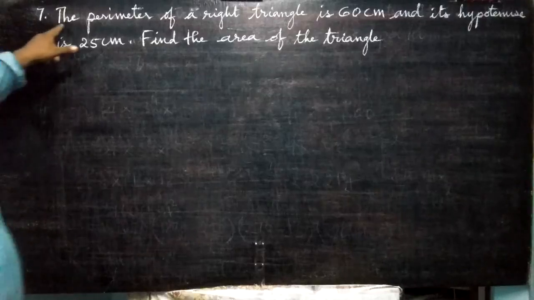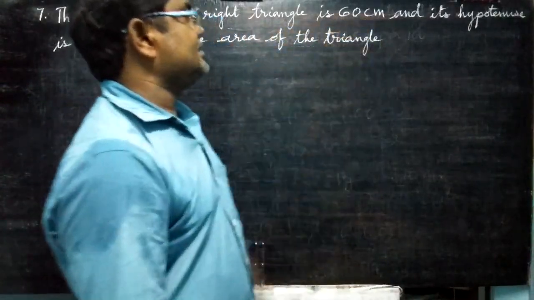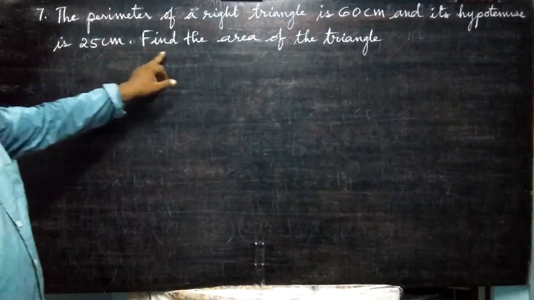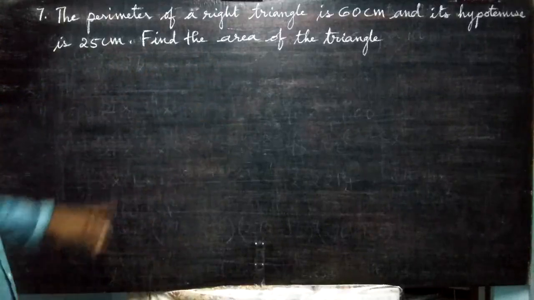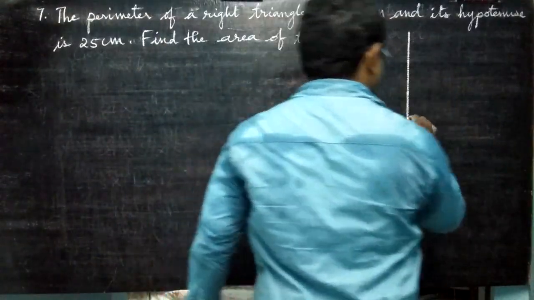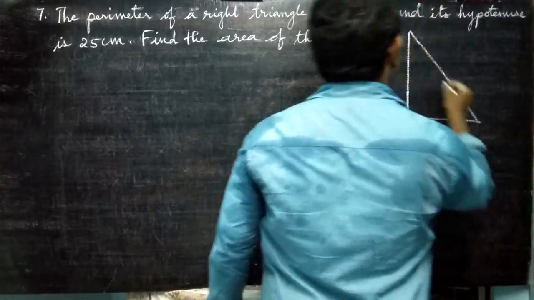Seventh problem. The perimeter of a right triangle is 60 centimeters and its hypotenuse is 25 centimeters. Find the area of the triangle. Which type of triangle have they given? Right triangle.